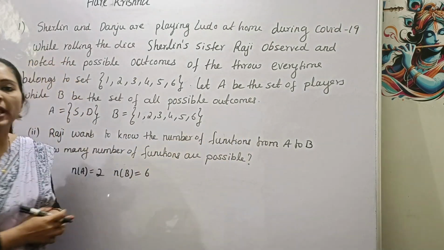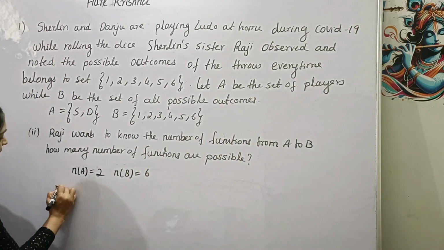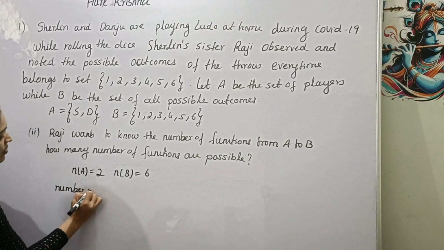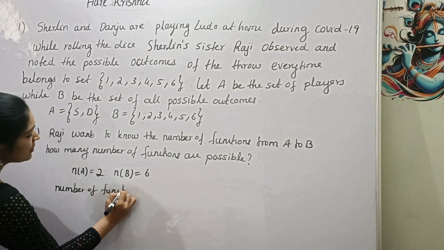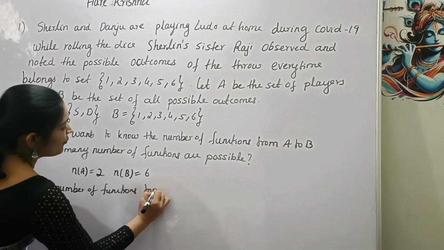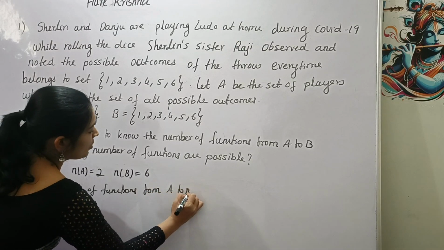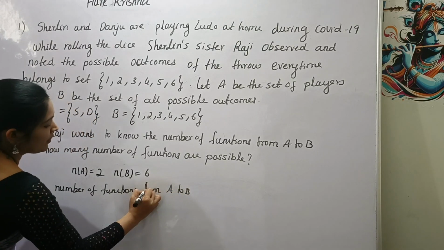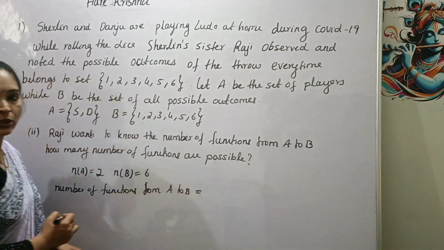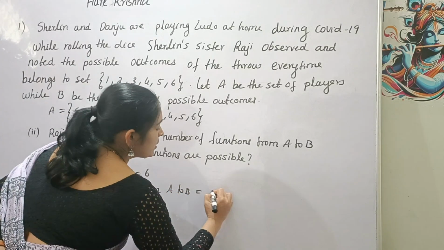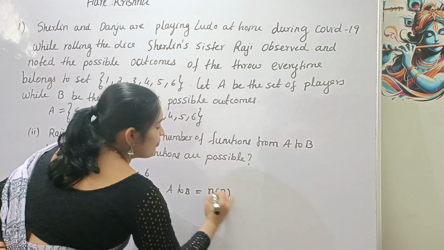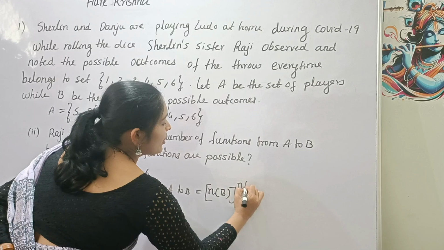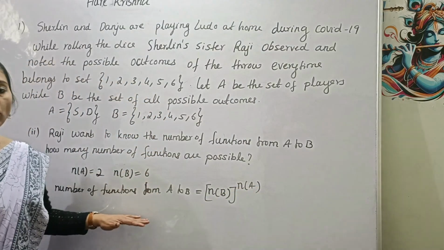The number of functions from A to B is equal to the number of elements of B, whole raised to the number of elements of A. Note it down.